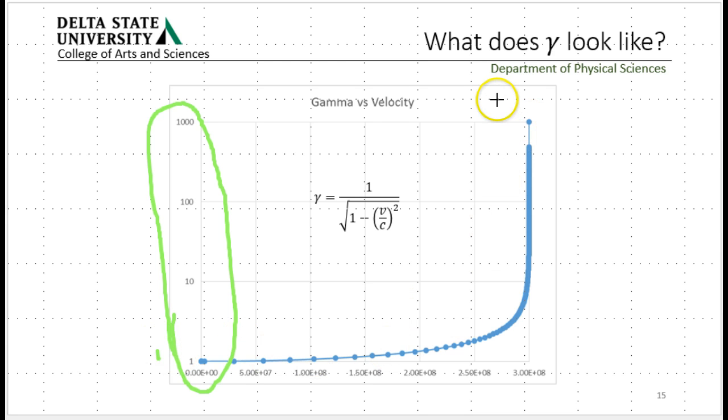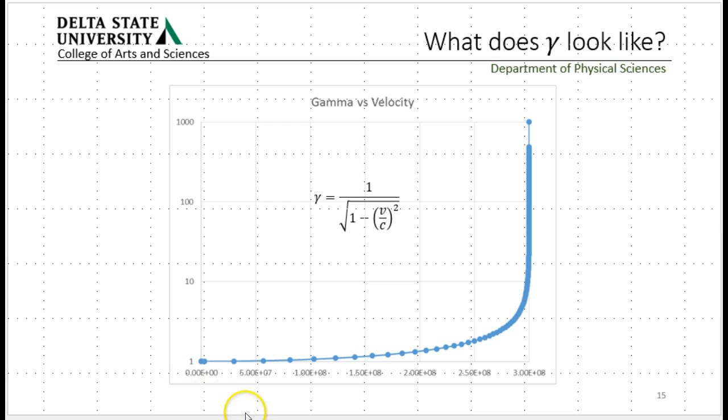So this is a limiting factor and tells us the time dilation in our normal world. Our normal world being way down here, time dilation is essentially none.